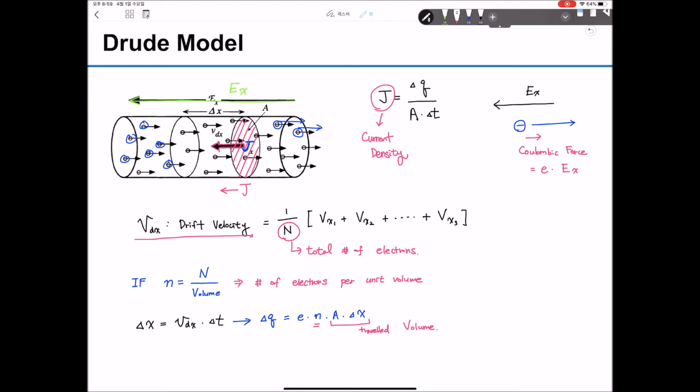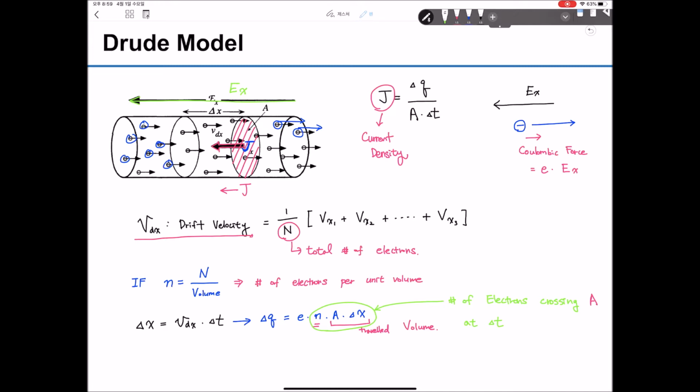Or you can also define these terms as the number of electrons crossing this cross-sectional area A at this amount of time. Okay? All right.